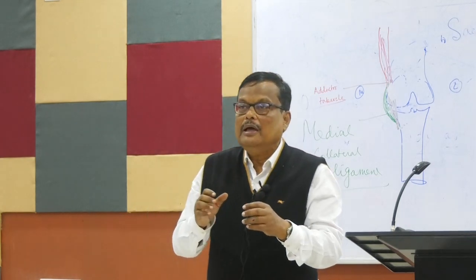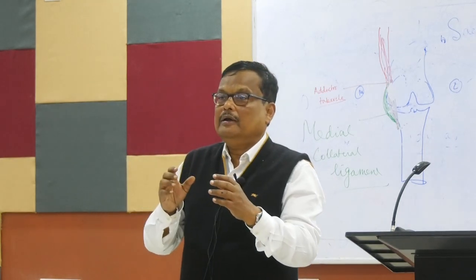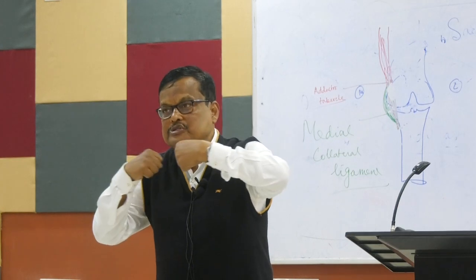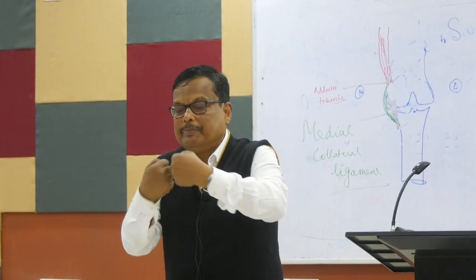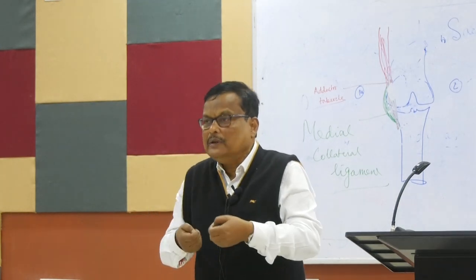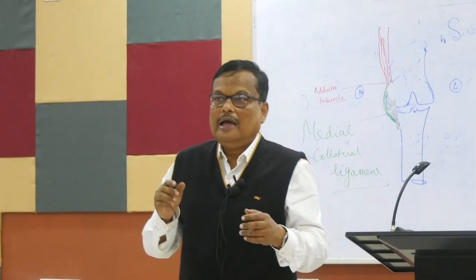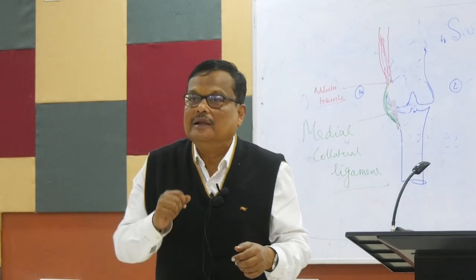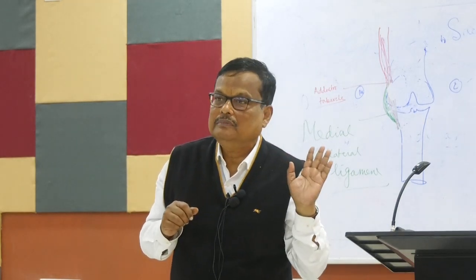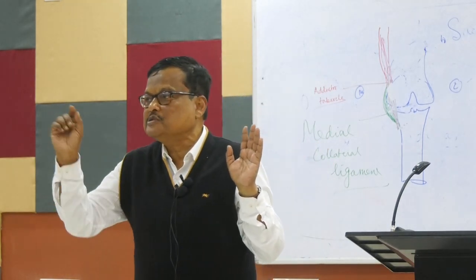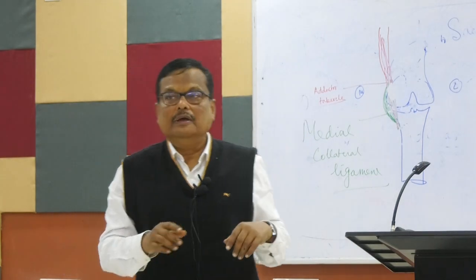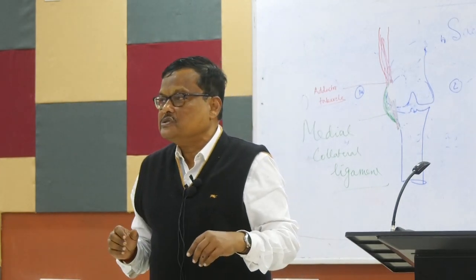And this can be avoided if, when there is compression, যখন চাপ পড়ছে ওই চাপের জায়গা থেকে যদি তুমি ওকে সরিয়ে দাও একটুখানি হলেও বেঁচে যাবে. Lateral meniscus has got attachment with a muscle known as the popliteus muscle. Few fibers of the popliteus muscle are attached to the lateral meniscus, right?